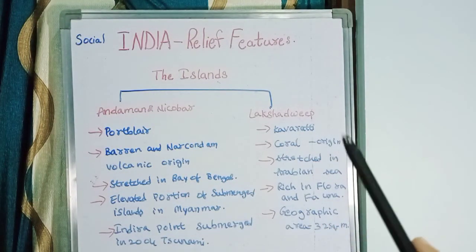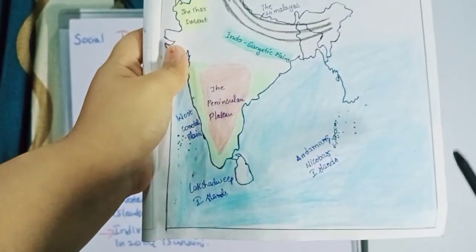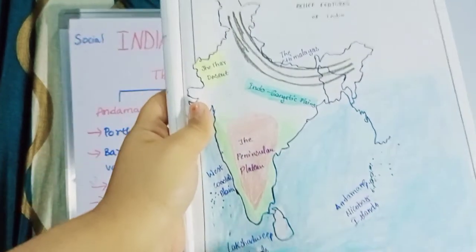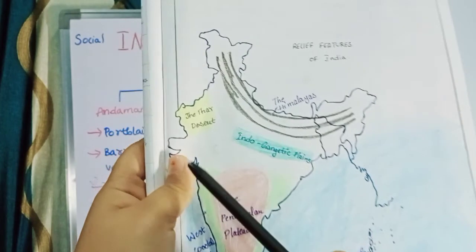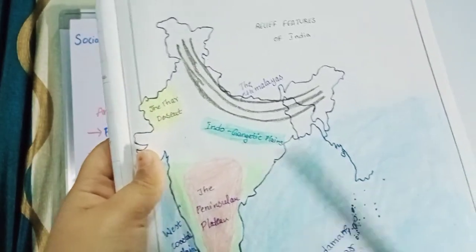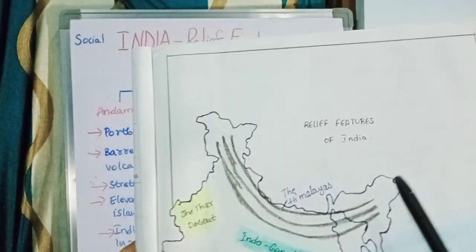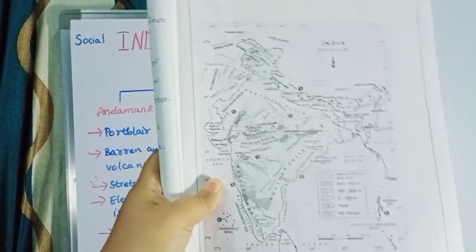So here they are. Here the west coastal plains, that means coastal plains. These are the relief features of India.